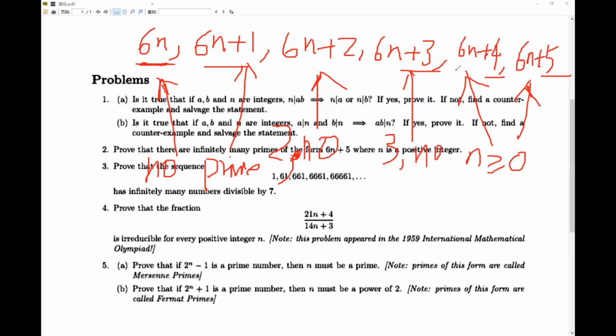Now 6n plus 4. Definitely no, right? Even if n is 0, it's 4, which is not a prime number.